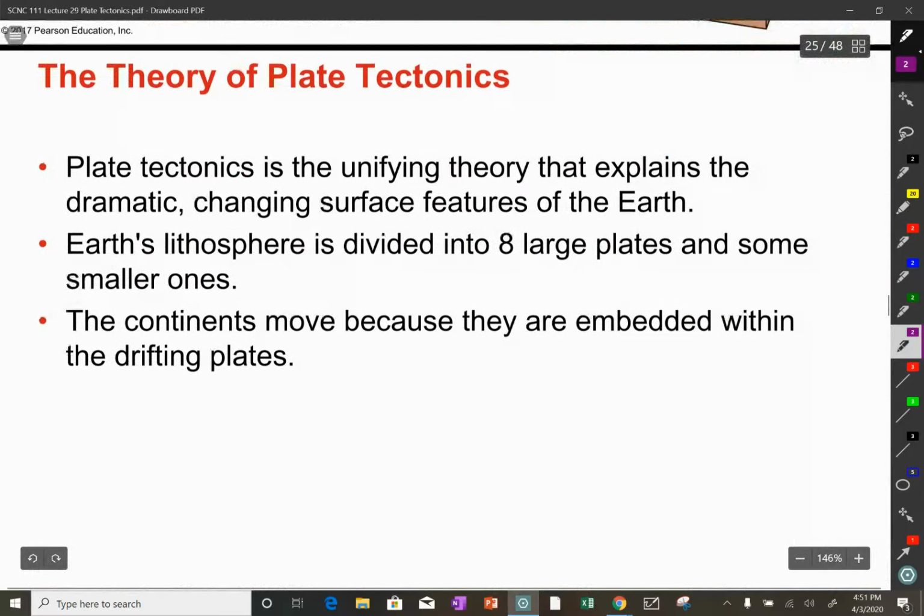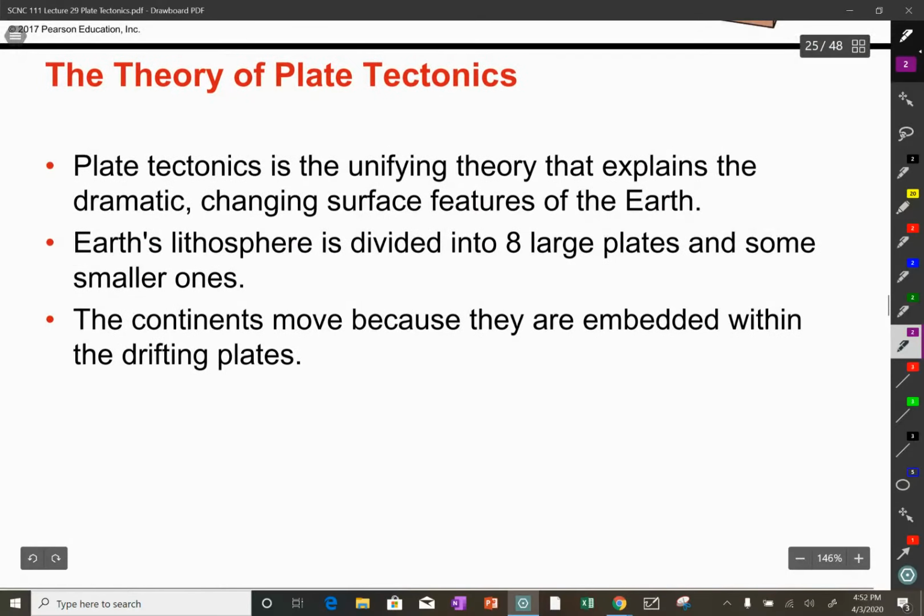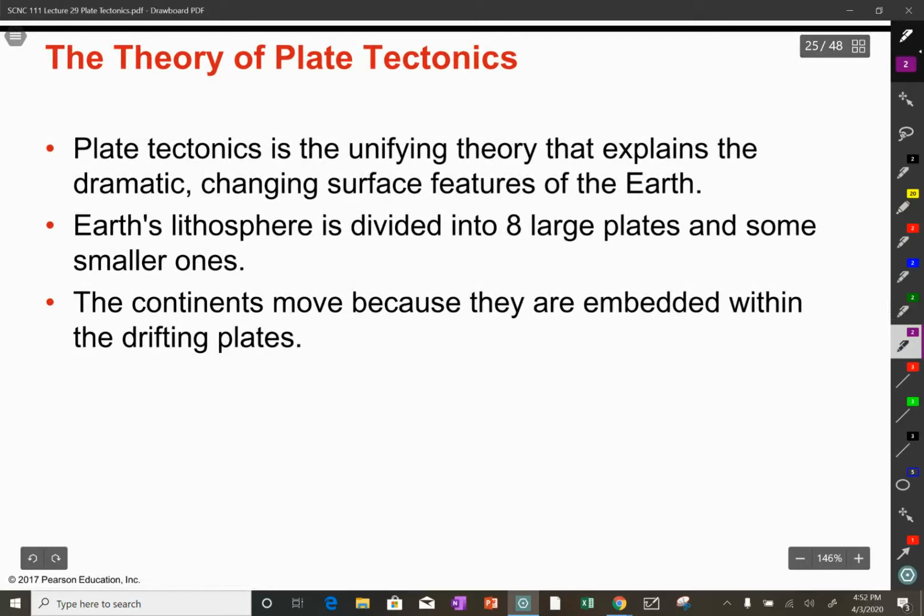So we call this the theory of plate tectonics, that says the surface of the Earth is moving. To get into it carefully, we like to think of the surface of the Earth like the shell of an egg. If you take that egg and drop it on the floor, it will crack into a bunch of pieces. That's what we believe has happened to the crust of the Earth. It's cracked.